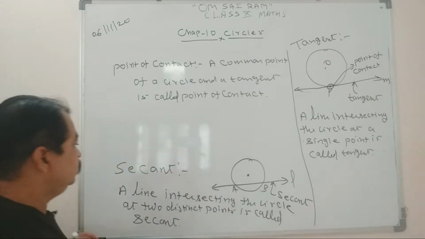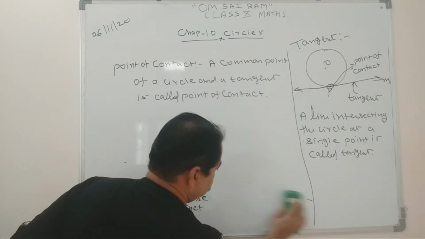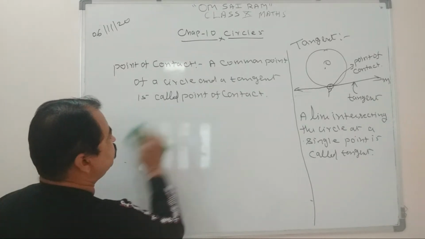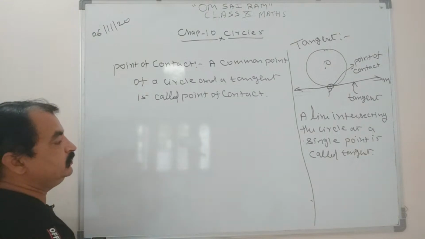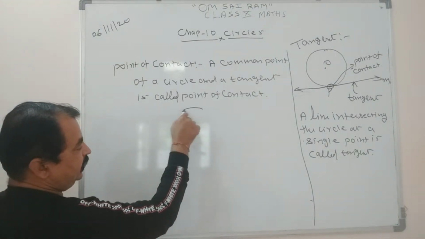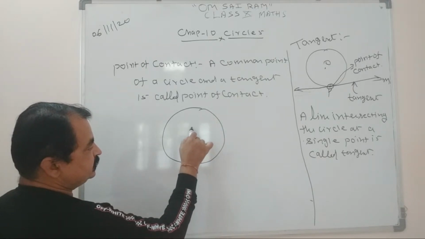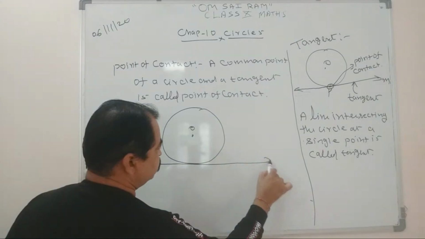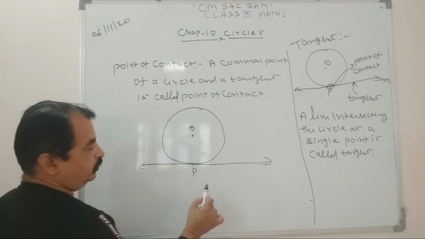Now, further, if we proceed to the next part, if we see in the same figure, children, circle, center, tangent, see, again I am drawing the figure. This is a circle, this is the center O, this is a tangent, this is P, the point of contact.